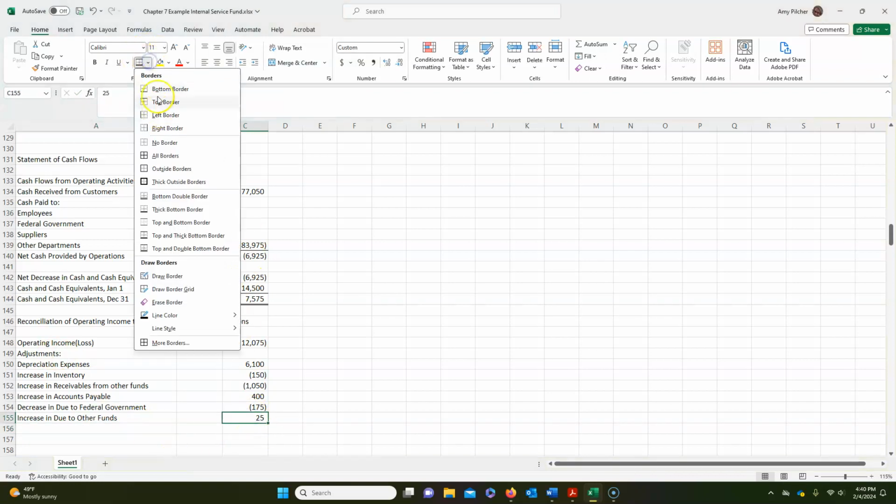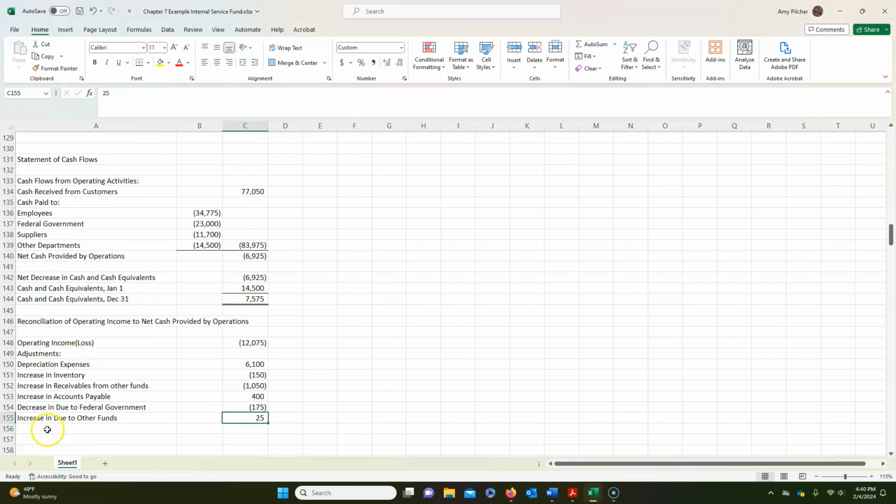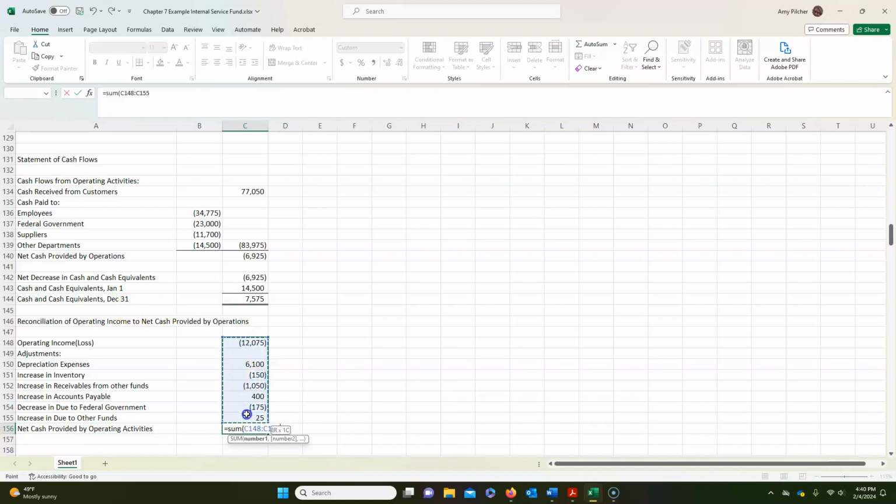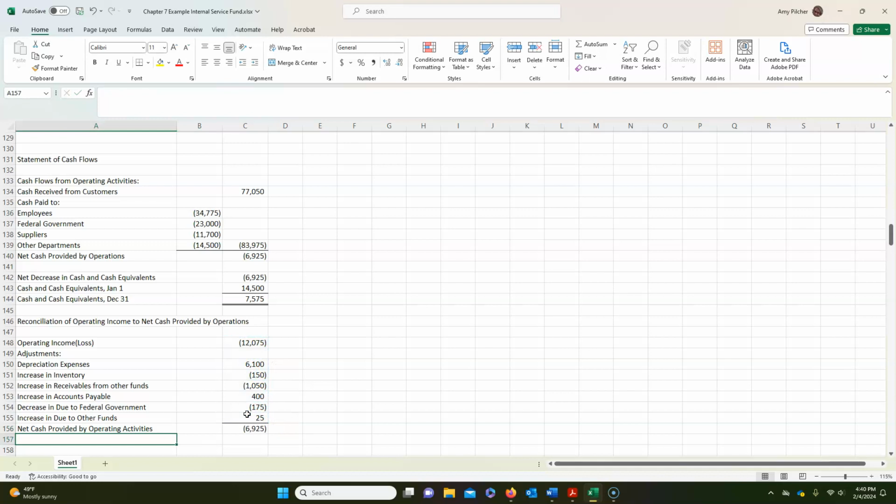So we will add all these together, and that gives us our net cash provided by operating activities. So you can see that we have both forms then, the direct and indirect shown here.